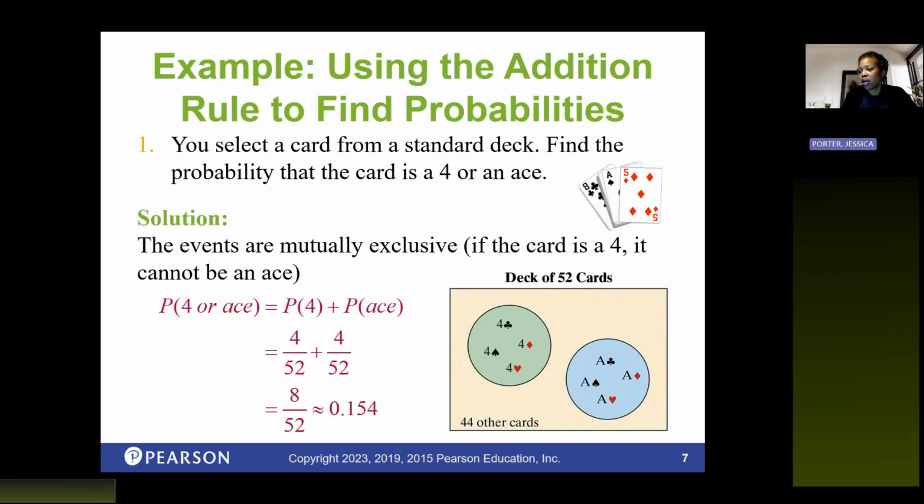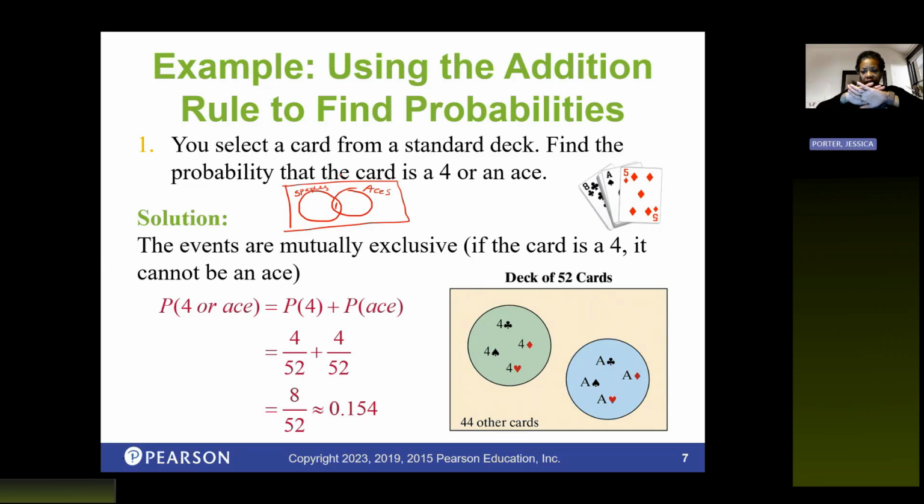So an overlap might be if I have spades, so if my first one is spades and the second one is aces. Well, there's 4 aces in a deck, but one of those aces is a spade. So they would overlap. Does that make sense?